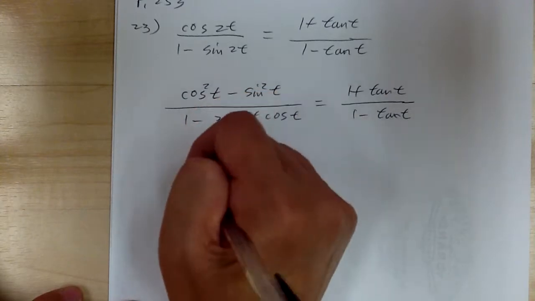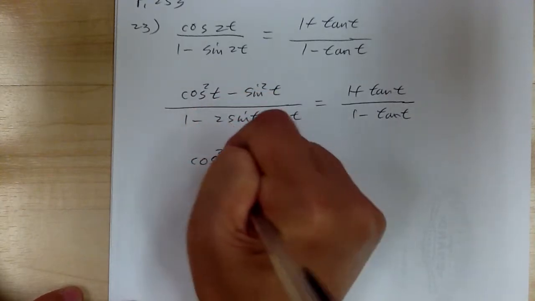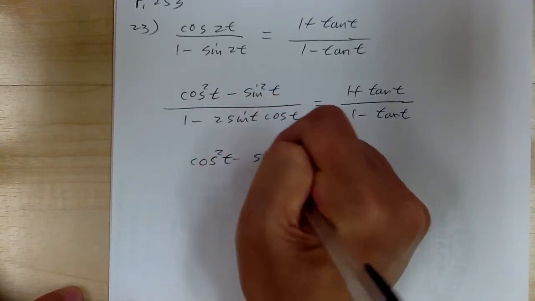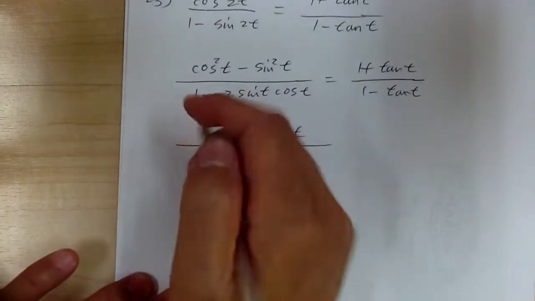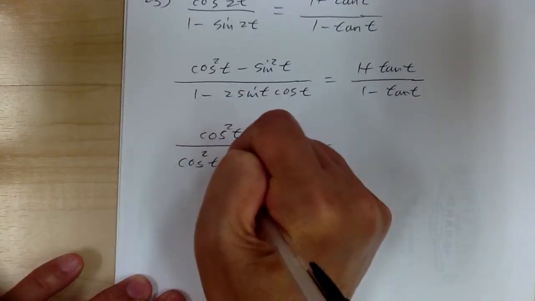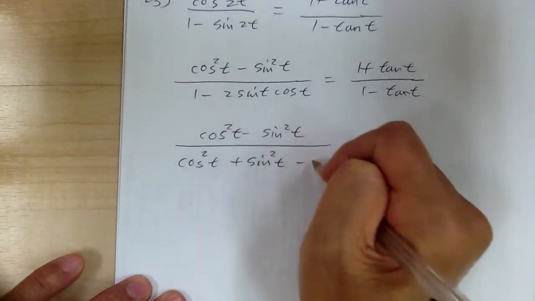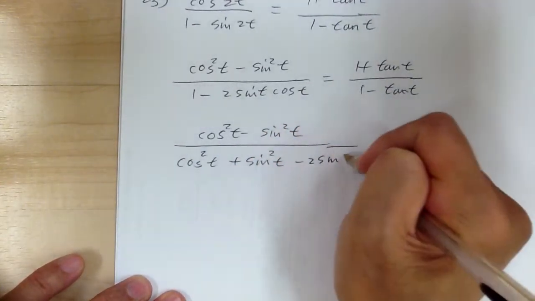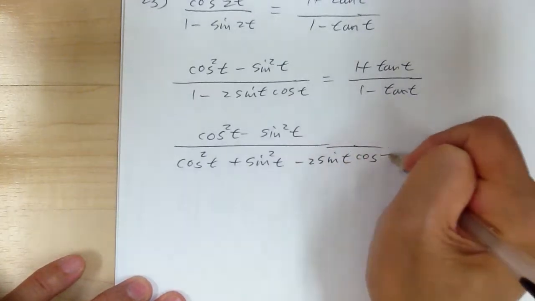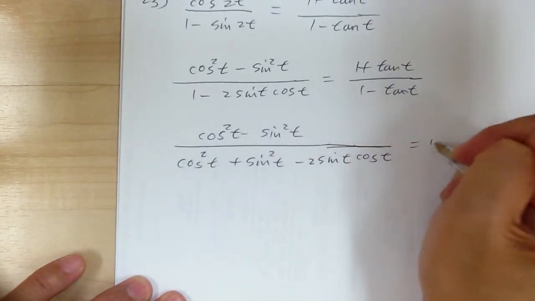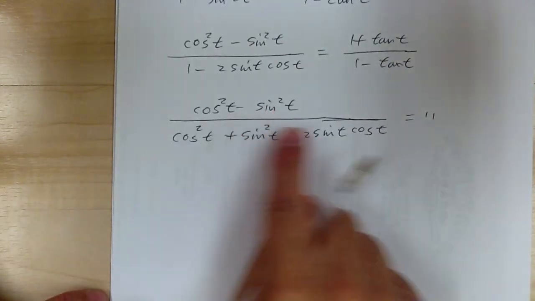So let's do that. Change 1 into cosine squared t plus sine squared t. Then you're going to do the factoring.